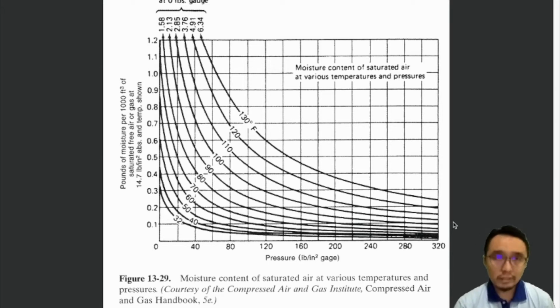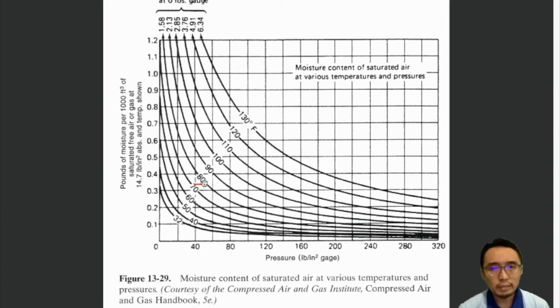If you look at this figure, you can see the relationship between pressure on the x-axis and the pounds of moisture per 1000 cubic feet of saturated free air at 14.7 pounds per square inch absolute and the temperature shown. For example, if we look at this temperature, say 80 degrees, it will intersect the y-axis at 1.58.